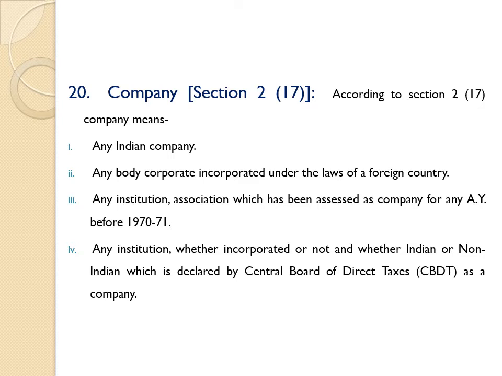Company, as per Section 2 clause 17. Company means any Indian company, a body corporate incorporated under the laws of a foreign country, any institution or association which has been assessed as a company for any assessment year before 1970-71.